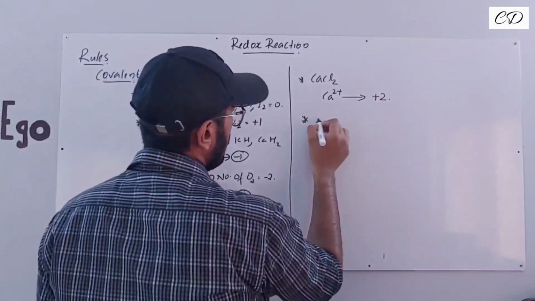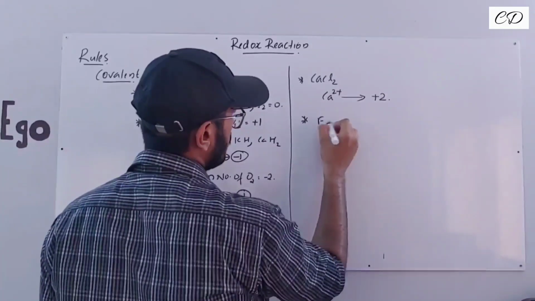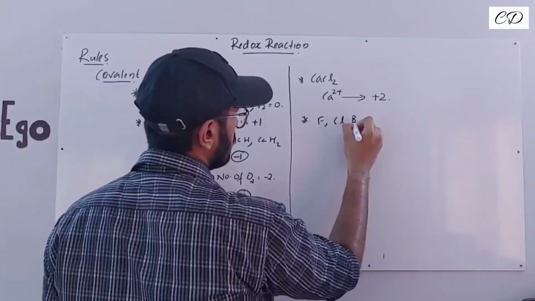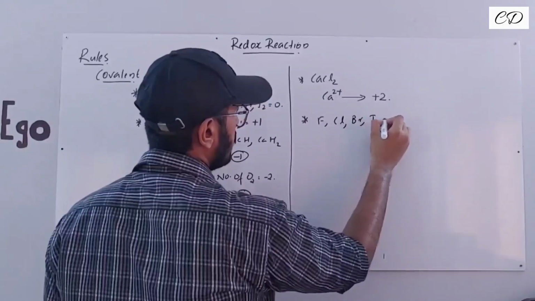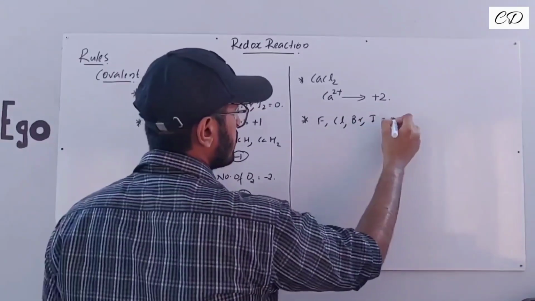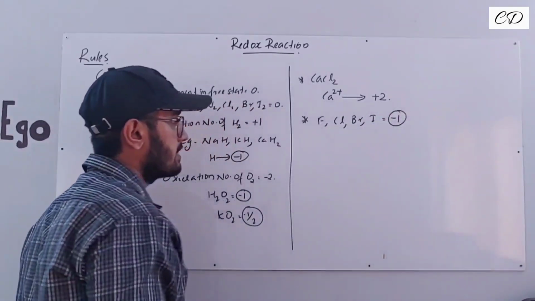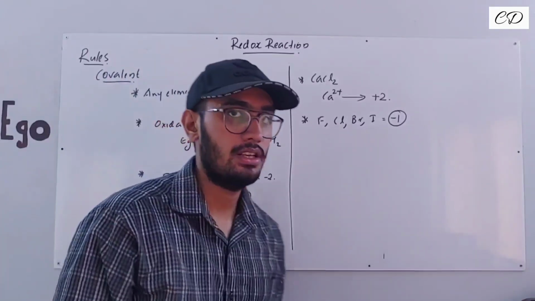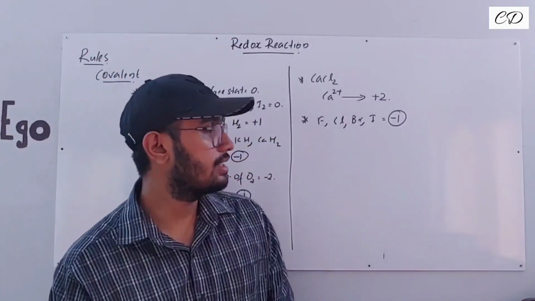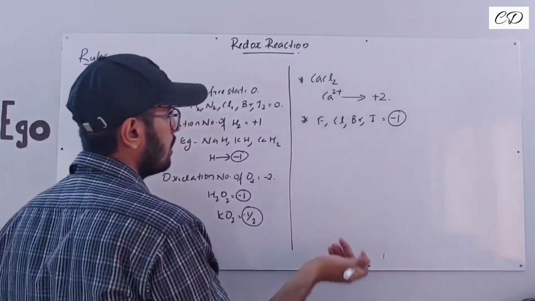The next point is, electronegative elements like fluorine and chlorine have an oxidation state of -1. This is the fourth rule.